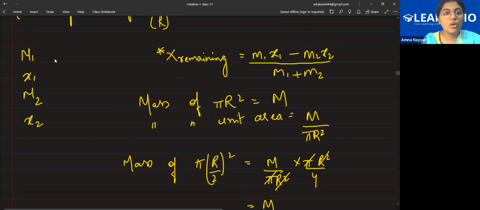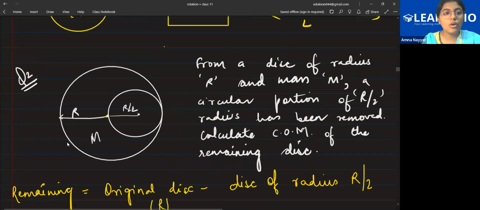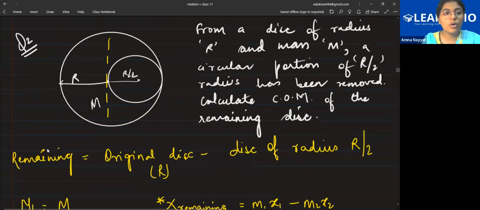What all things do we have? See, mass 1 is M. Separation is 0. Why? Because it is the reference line. The second mass is M by 4, and what is its separation? It's r by 2. Now you can put it in this formula, M1 X1 minus M2 X2.